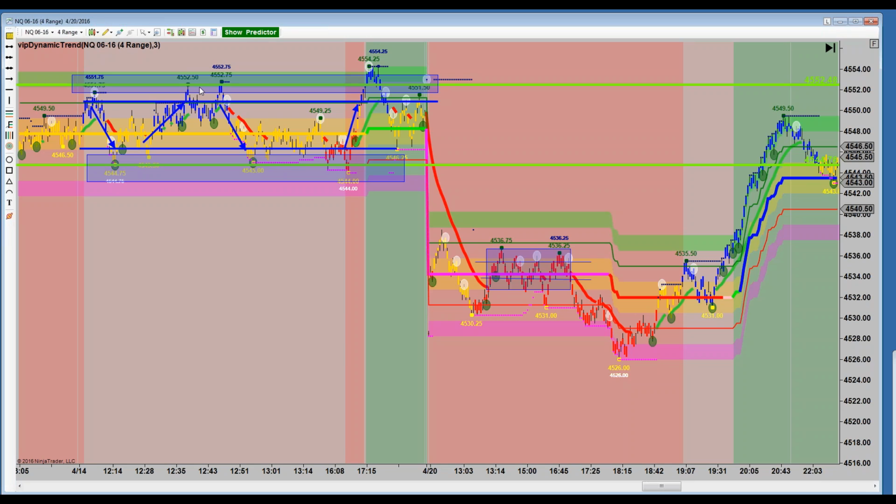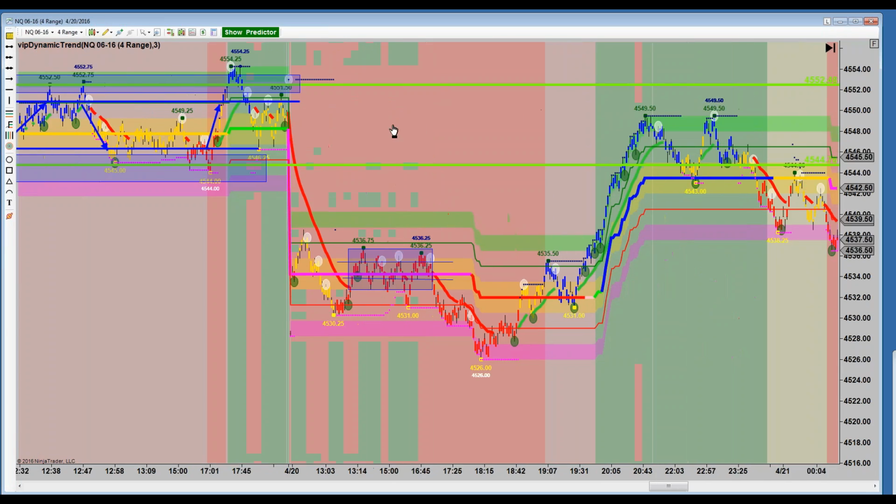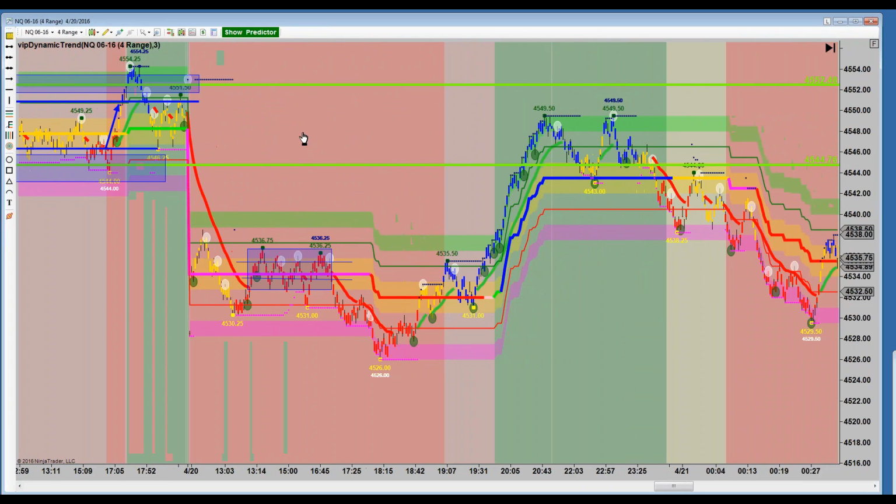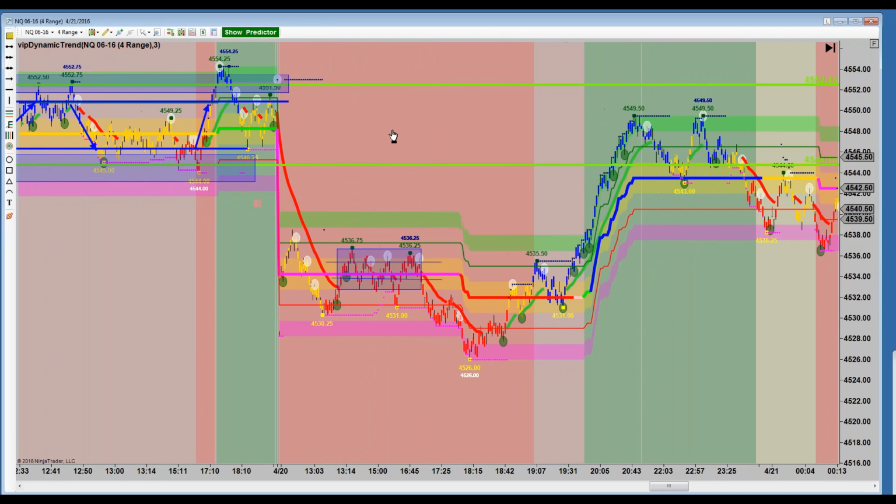So here's the deal. If you have a range that sets up after it has come out of a move, and let me show you a little bit about that right here. Okay, let's come over here and look at this. Over here, the trend was up, and we come back into sort of the range that we were in back here in the overnight session, right?